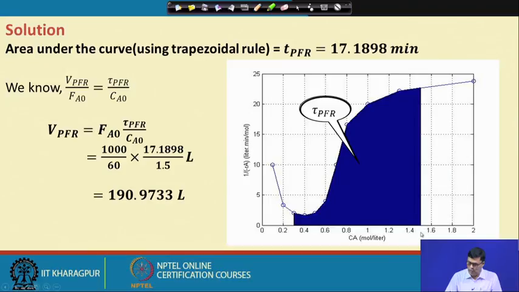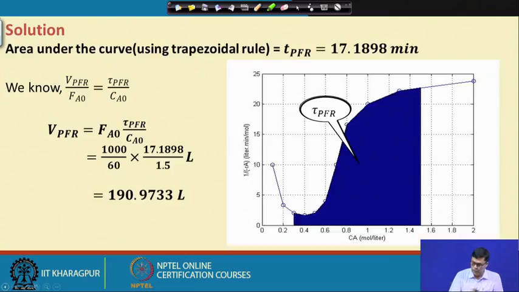This point is 1.5, and this is 0.3 mole per liter. I showed you how to calculate the area under this curve, and then you can find out tau of the plug flow reactor.